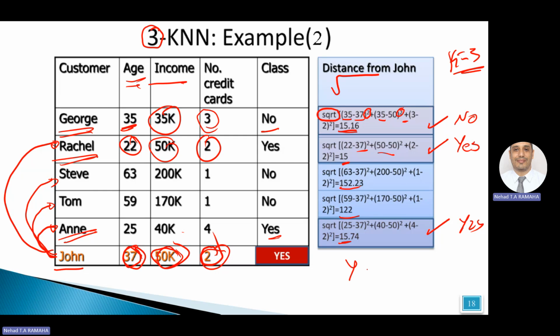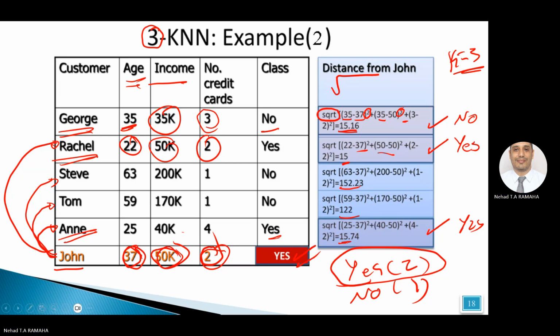So yes we have 2, and no we have 1. So John will be classified as yes. Okay? It's easy, yes or no? In which category?